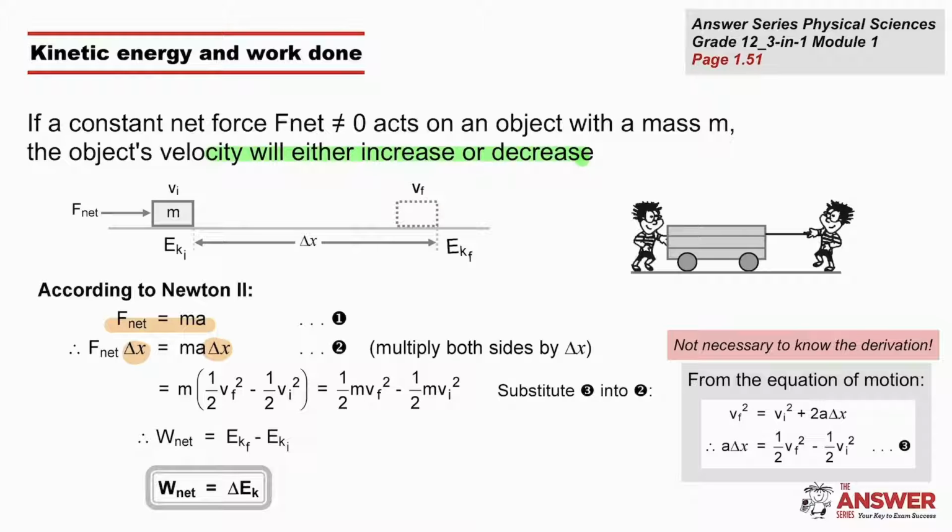We take an equation of motion and rearrange it to get an expression for the acceleration times delta x. That can get substituted into our rearranged Newton equation, and out comes an expression for the change in the kinetic energy of an object.